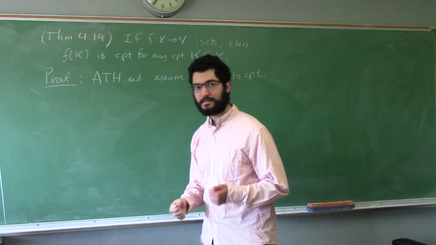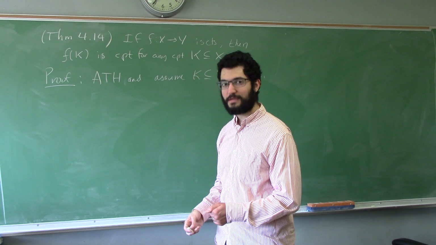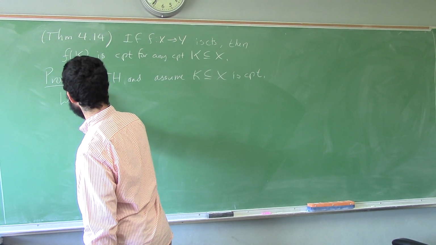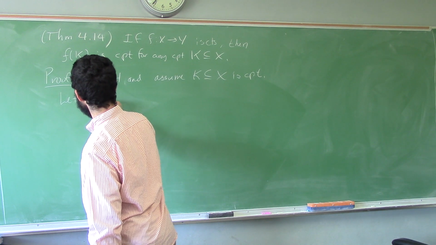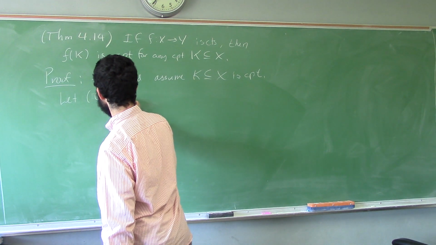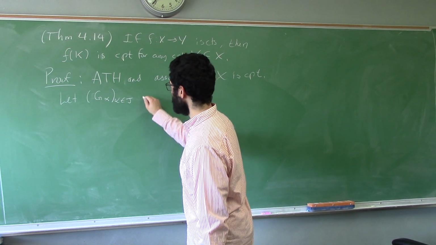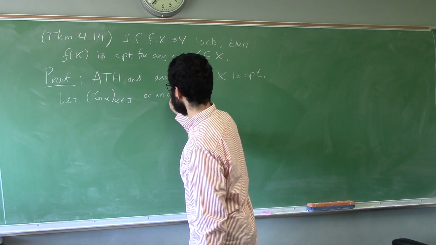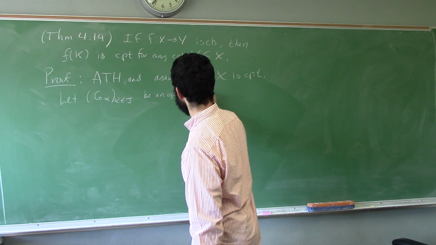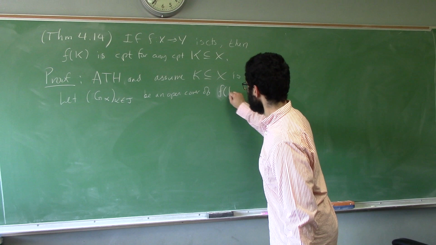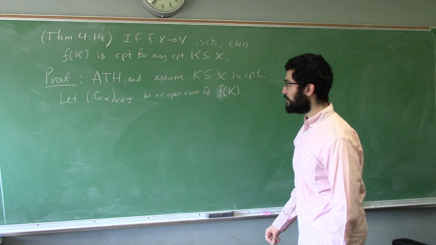I need to show that every open cover of f(K) has a finite subcover. So let G_alpha, running over an arbitrary index set J, be an open cover of f(K). And can we find a finite subcover?